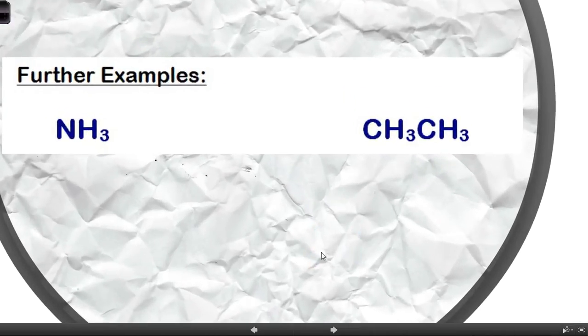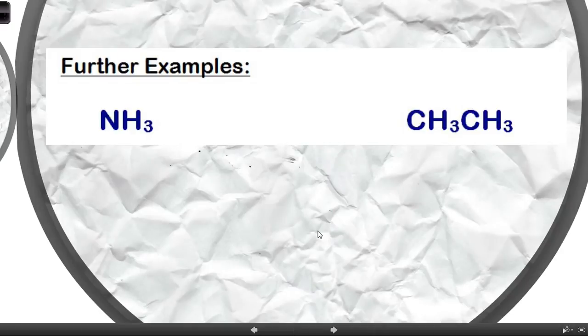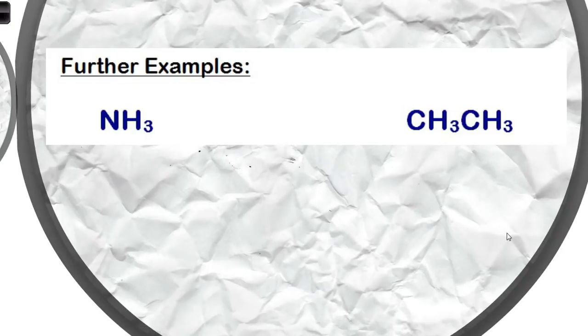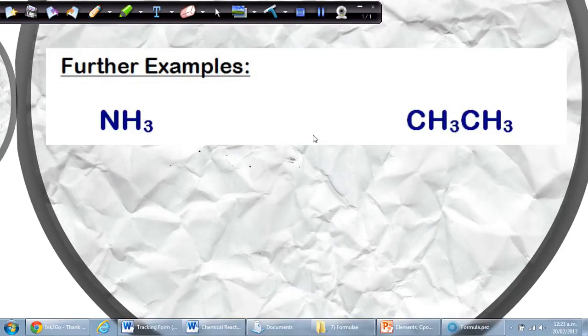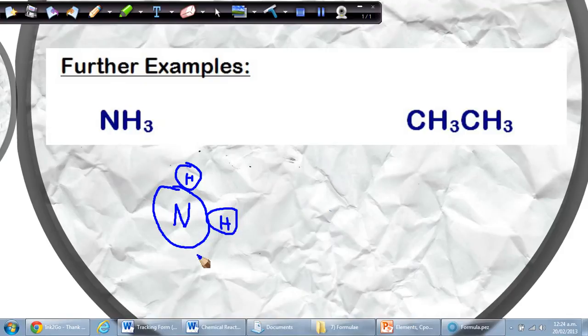Okay, a couple more examples here. NH3 and CH3CH3. Now I'm actually going to draw those in, just like you would have to do in a test. So here, let's draw a nitrogen. We've got 1 nitrogen and H3, 3 hydrogens. Cool, so there's my answer there.